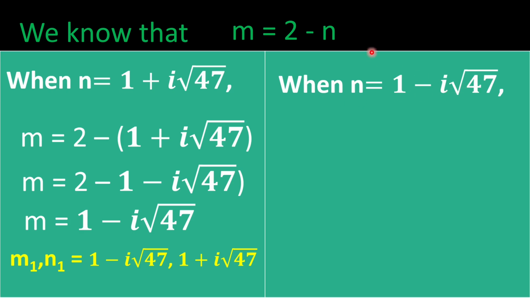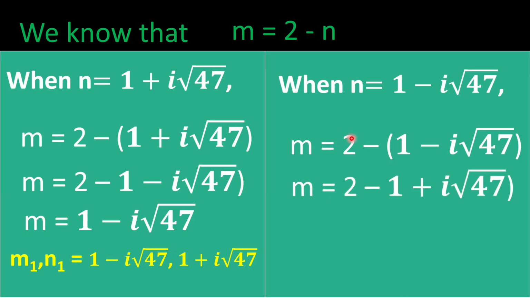And now when we have n equals 1 minus iota times square root of 47, we will put this value in this equation. So our equation will become m equals 2 minus the value of n. And now in the next step, this 2 minus 1 and this minus will multiply with this minus, so it will become plus. So overall this value will become 2 minus 1 equals 1, and then plus iota times square root of 47.